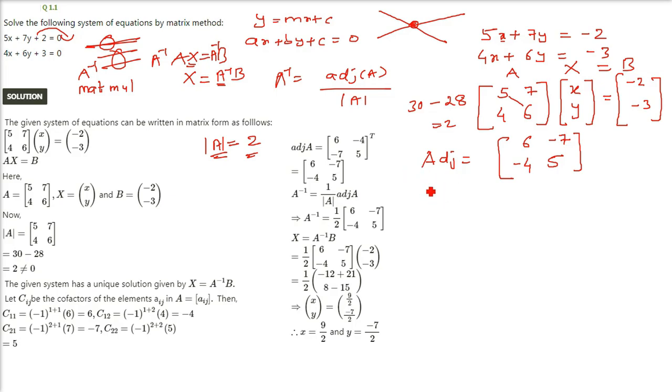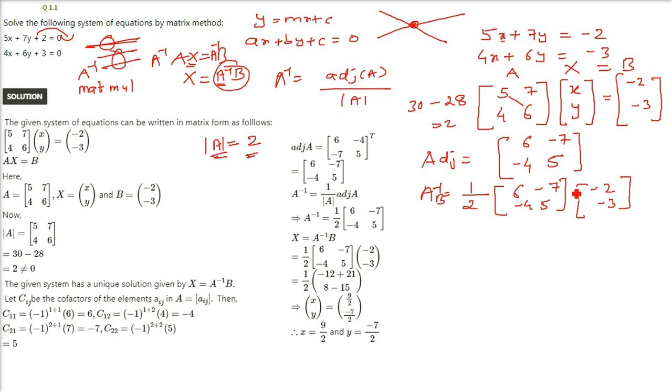So what will be A inverse? It will be adjoint of A divided by the determinant of A. So determinant is 2, so I am dividing by it, and the adjoint I am writing. So this whole is your A inverse. The next step is to multiply by B. What is B? On the right hand side, you see this is negative 2 and negative 3. So first is a 2 by 2 matrix, second is 2 rows, 1 column.